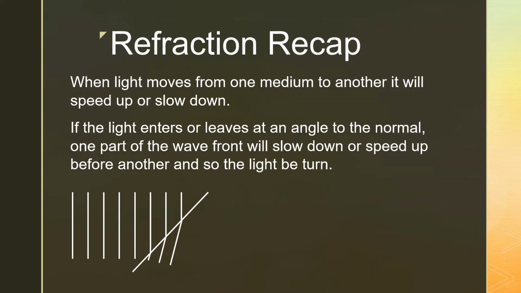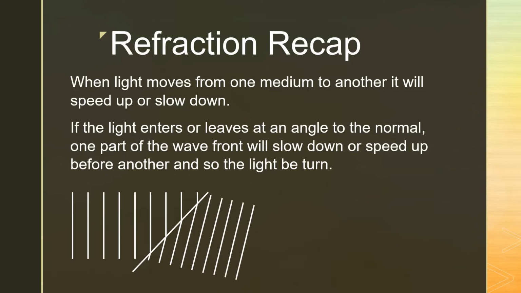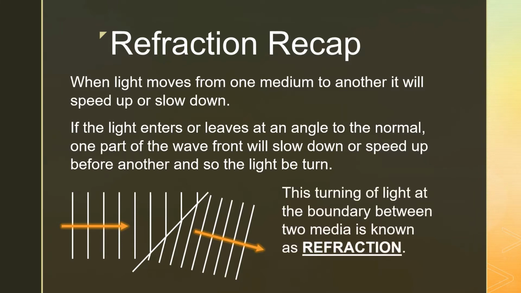If we keep progressing this, we'll see that the wave has actually changed direction. So here is the original direction of the wave, and this is the new direction of the wave. Because as it entered that denser region, the wave slowed down, we've seen not only a decrease in the wavelength, we've also seen a change in the direction. And it's that change in direction at the boundary between the two media that we call refraction.